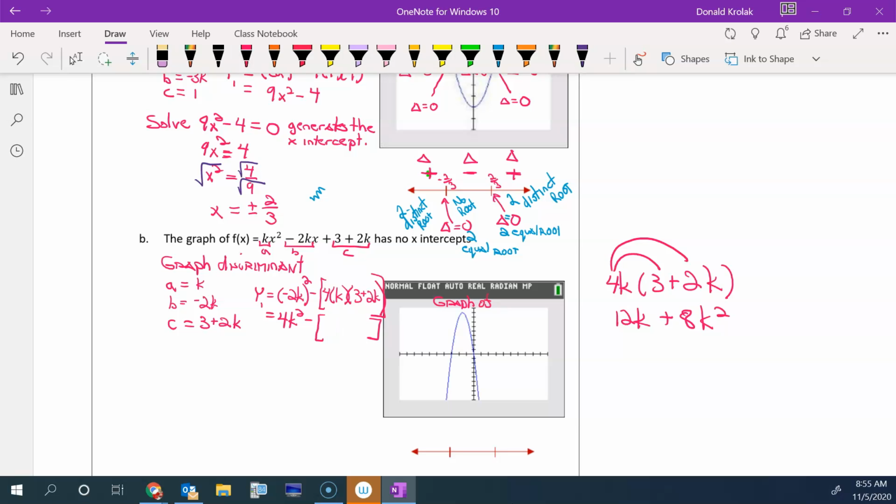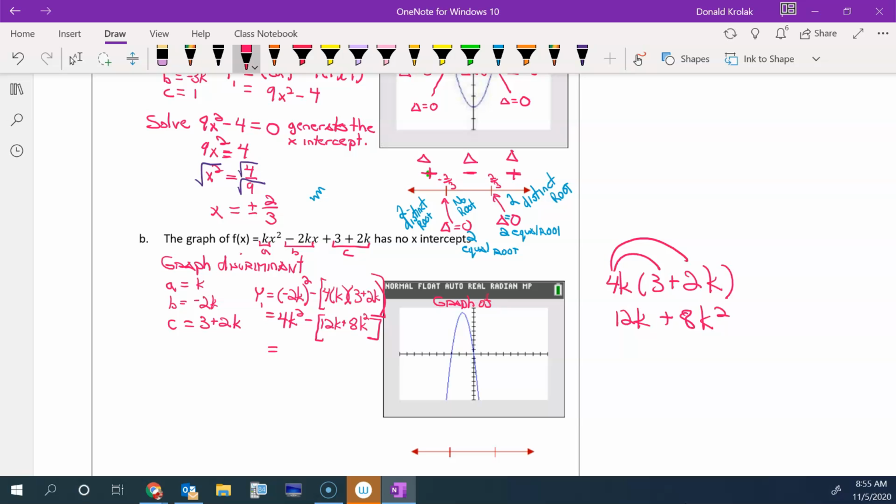That goes right in here. Now I just simplify it.